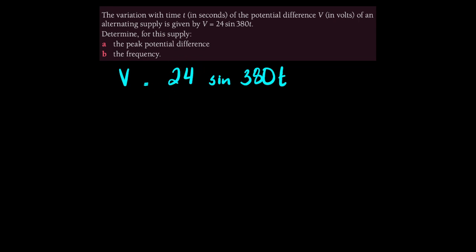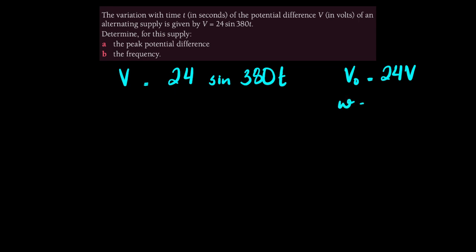So I can immediately identify here that V naught is 24 volts. This is the maximum voltage. In the positive direction it would be plus 24, and in the negative direction it would be negative 24.